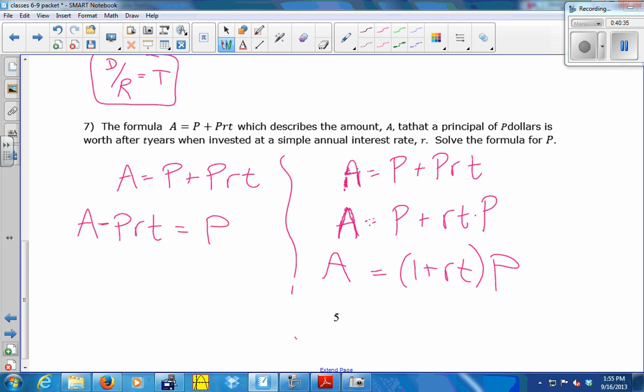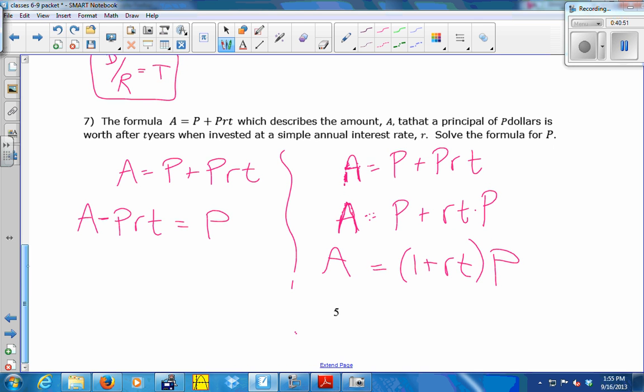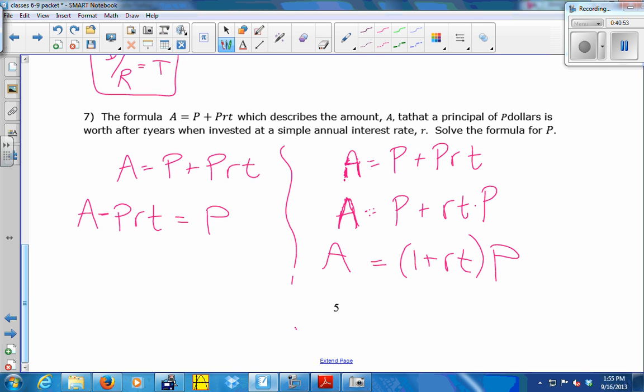If I were to redistribute my P, I would get P plus PRT, right? So I've factored out a P, or you can just think of it as combining like terms. I have a P plus RT P's, we combined like terms.